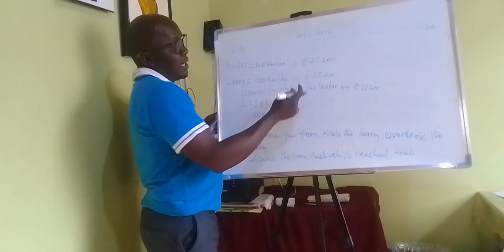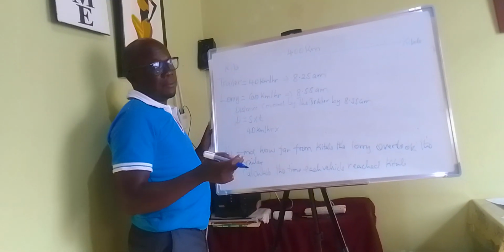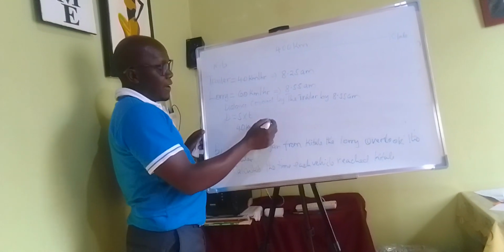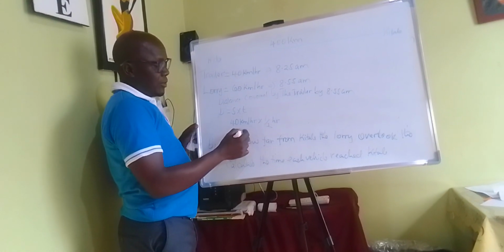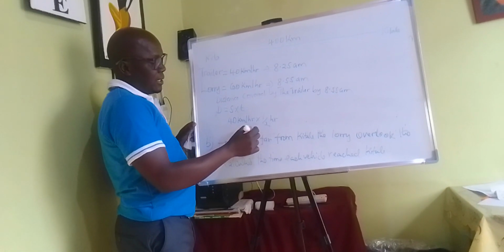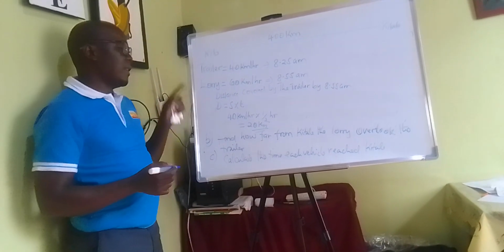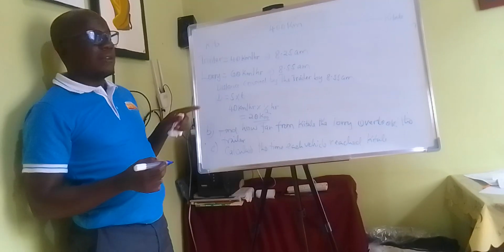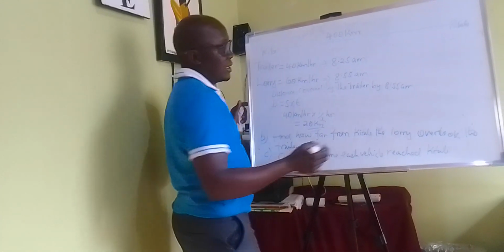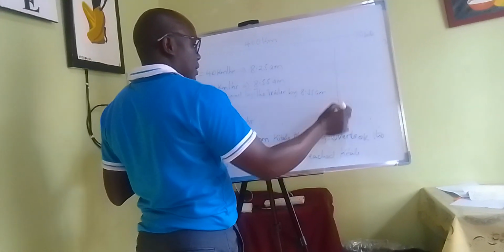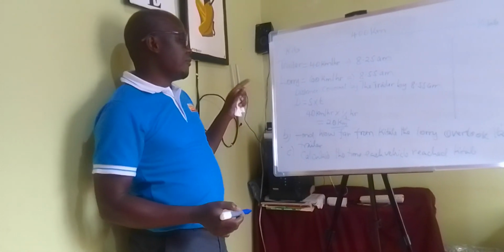Here, if you take 8:55 minus 8:25, you get 30 minutes, which is equivalent to half an hour. When you work this out, you get 20 kilometers. So by the time the lorry is leaving, the trailer has gone 20 kilometers.